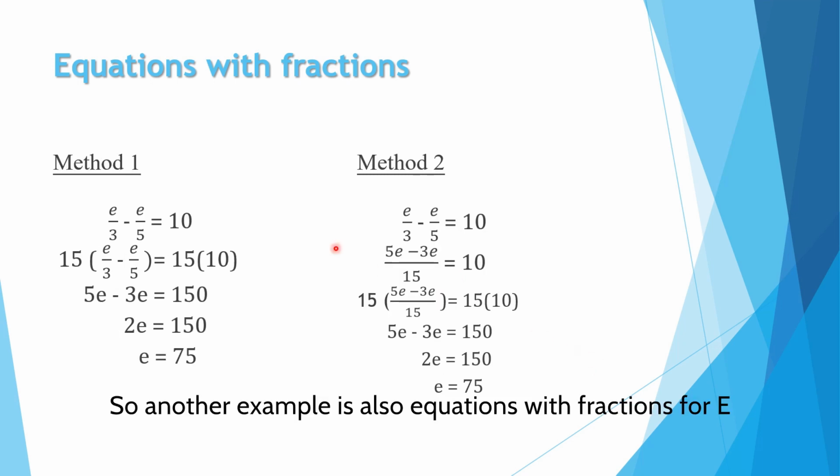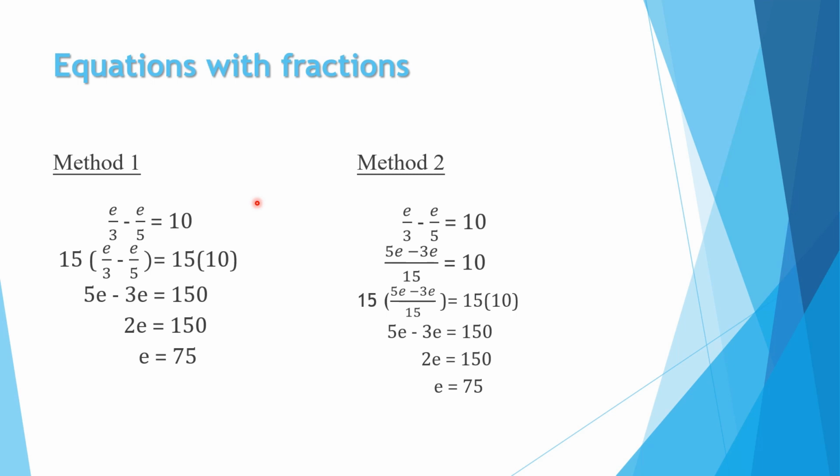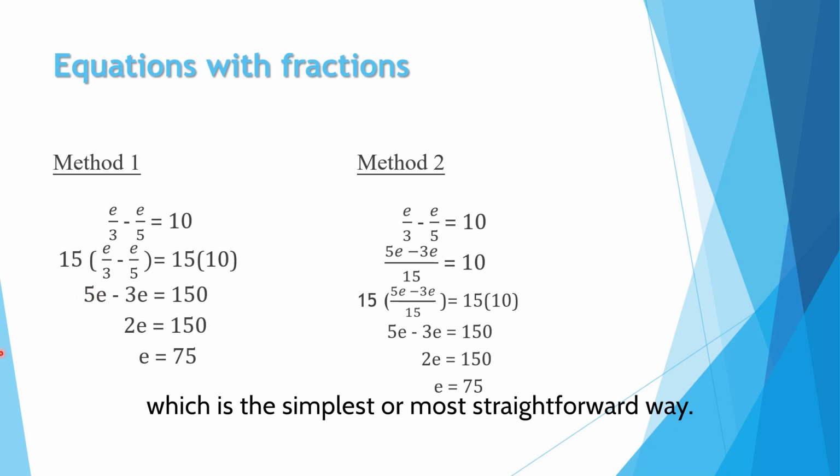So another example is also an equation with fractions. For e over 3 minus e over 5 equals 10, first, because we know that 3 and 5 have an LCM of 15, we will multiply both sides by 15, which is the simplest or most straightforward way.